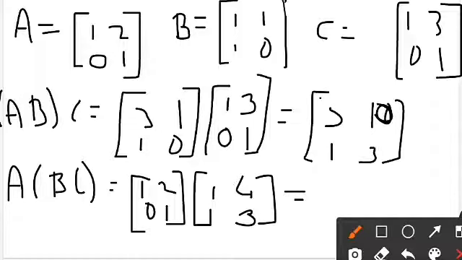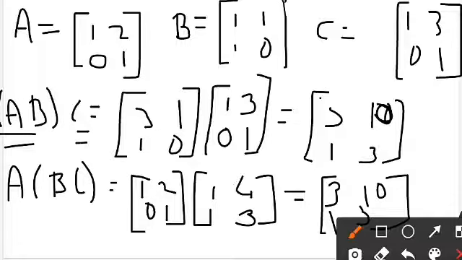And their multiplication will again give us, let's see what it gives us: 1 plus 2, that is 3; here it will give us 4 plus 6, that is 10; here it will give us 1 and here it will give us 3. So AB into C is exactly equal to A into BC. So the associative property is also satisfied here.